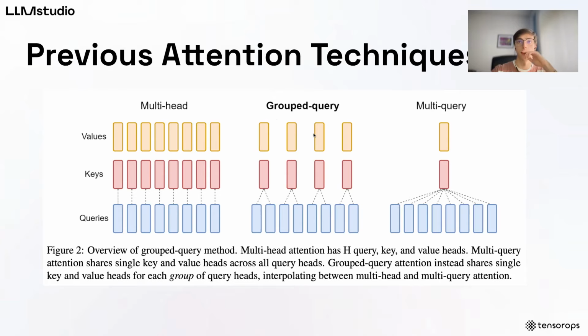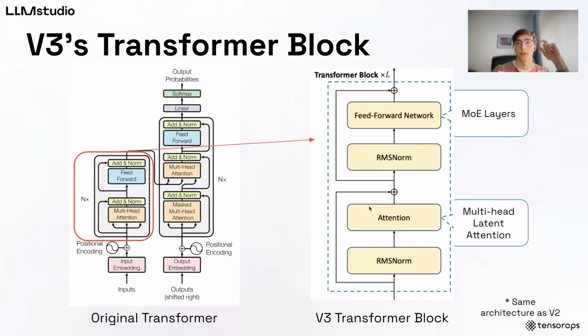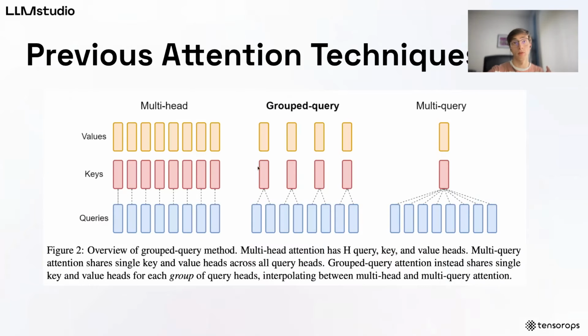It tried to reduce the number of keys and values necessary. Why is this important? Because it's the number of keys and values that really increases the computation of these attention layers, and it's really one of the heaviest parts of the computation process, where the GPUs have to do the most heavy lifting. So being able to reduce the amount of keys and values necessary is very important.